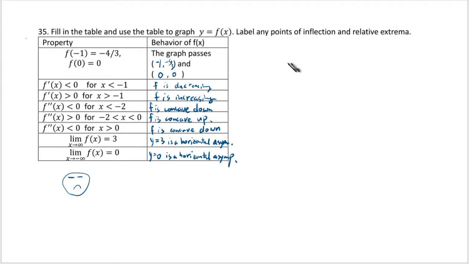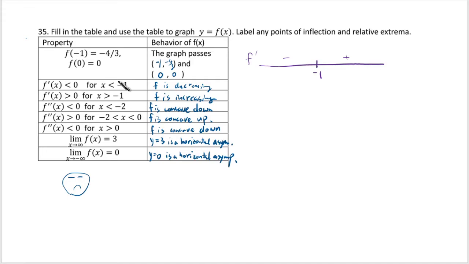So first, let's just make sure that we know the shape of the graph. You have before -1 and after -1. So let's say this is -1, and f prime is negative before -1, and positive after -1.